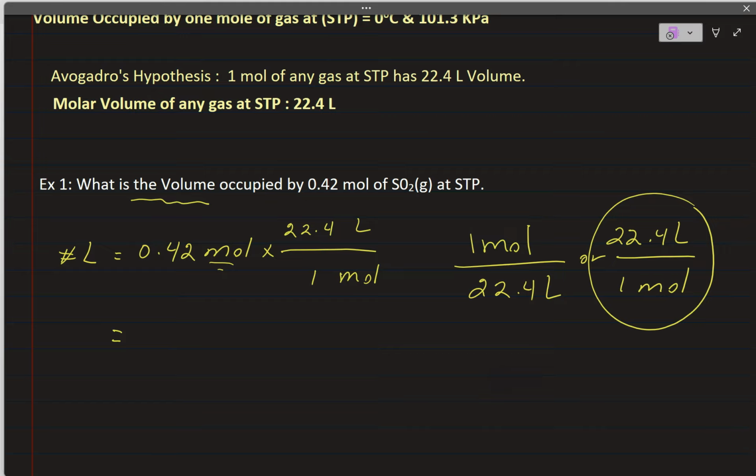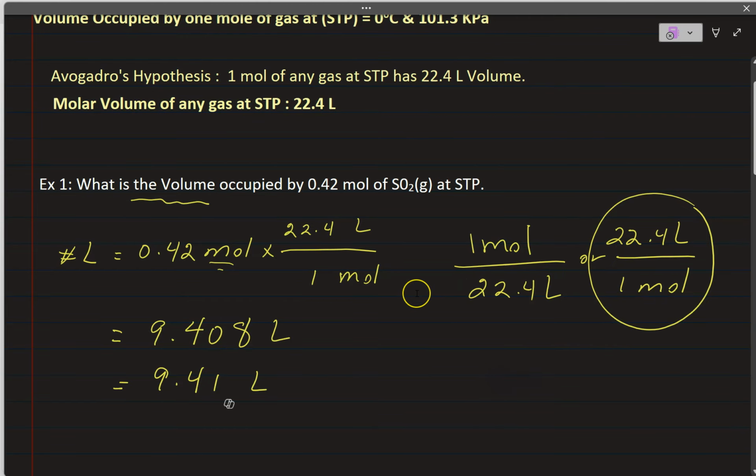Now you simply multiply the top and maintain the 2 sig figs, but the answer will end up being 9.408 liter, or 9.41 for 3 sig figs, or 9.4 for 2 sig figs. So that would be the volume needed for 0.42 mole of SO2.